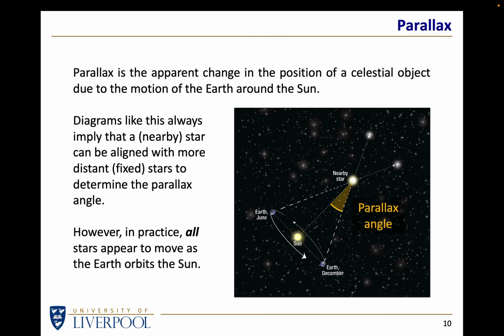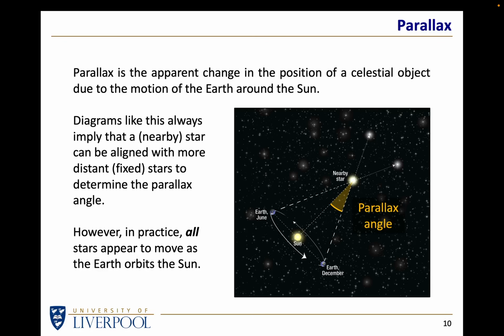In practice, we haven't got this situation because although in principle we look at the movement of nearby objects relative to more distant objects, every star in the galaxy appears to move and every star in the galaxy is actually moving. It's partly the fact that the Earth is moving, so our perspective is changing, and it's partly the fact that the stars themselves are actually moving around the Milky Way.